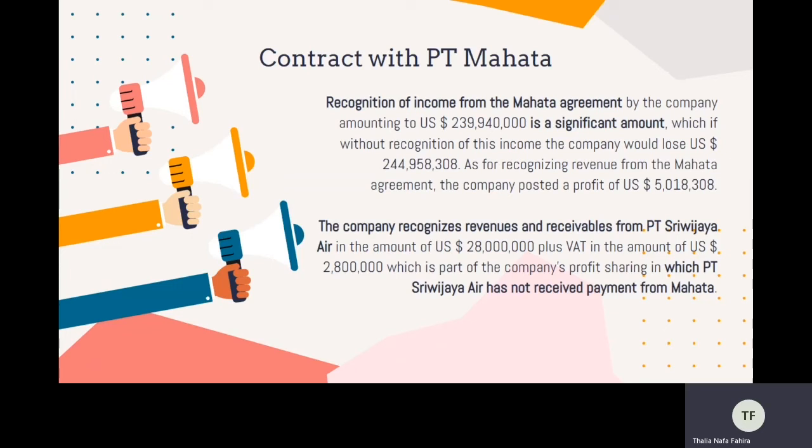As for recognizing revenue from the Mahata Agreement, the company posted a profit of $5 million US dollars. The company recognizes revenues and receivables from PT Sriwijaya Air in the amount of 20 million US dollars plus VAT in the amount of 2.8 million US dollars, which is part of the company's profit sharing, which PT Sriwijaya Air has not received payment from Mahata.